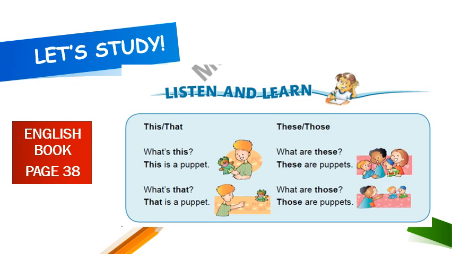What's that? That's a puppet. What are those? Those are puppets. So we use here for plural. Let me highlight that one. Plural, singular. Okay? Is, are.